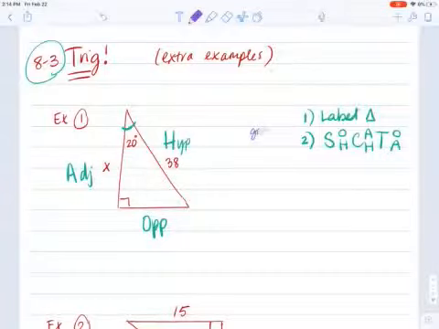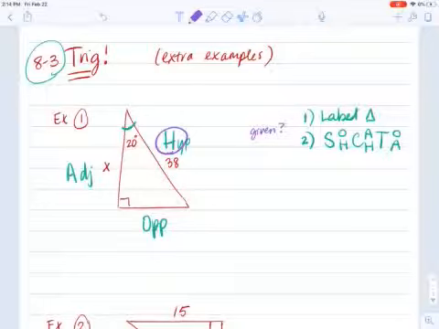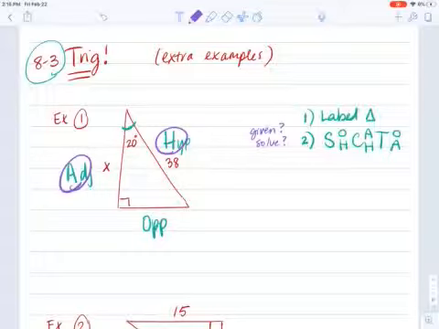Now, again, what you're going to ask yourself is, what am I given? Which side length am I given? 38, so that is the hypotenuse. So I'm going to be using the hypotenuse. And you also want to ask yourself, what am I trying to solve? What is this problem asking me to solve? That's going to be x, which is the adjacent.